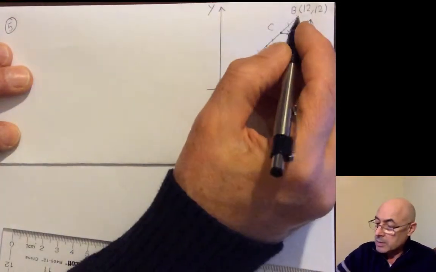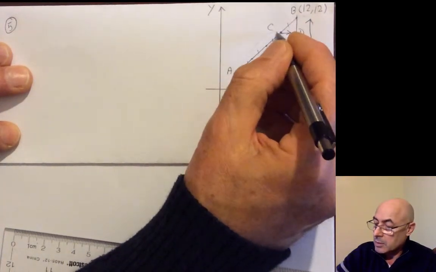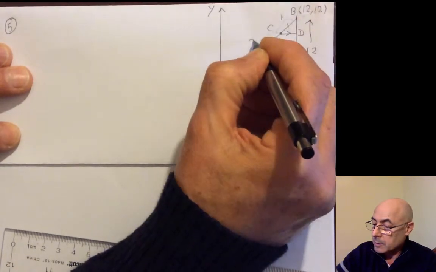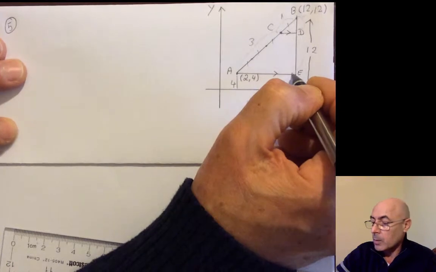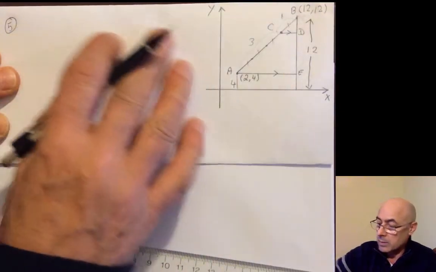So now if this is 3:1 or 1:3, this here is going to be also 1:3. So let's write this down.